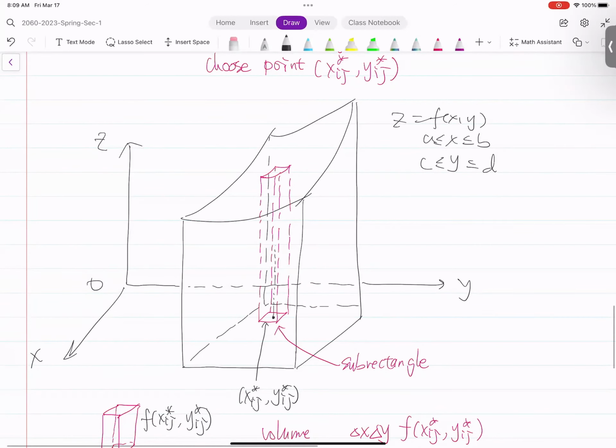So I want to draw a dashed line all the way up until I hit the surface. That will be the height that I'm estimating. So this point in black is exactly x sub ij star, y sub ij star. These are the xy coordinates, exactly the same as at the bottom. Let me also label this here: the z value is 0. But for the exact point on the surface, it's going to be f of x sub ij star, y sub ij star.